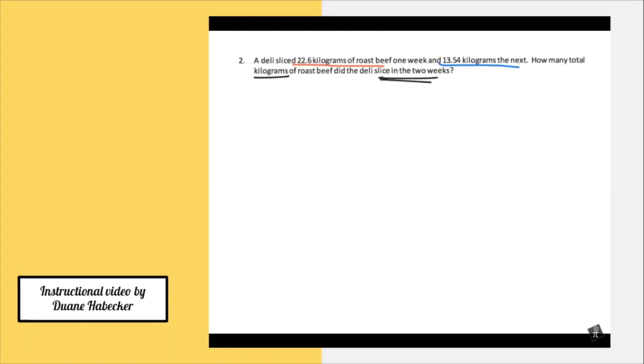So you've got week 1, you've got week 2, and I'm going to make both tapes the exact same length. And then I'm going to go back and read the question again. It says they sliced 22.6 in week 1, 13.54 in week 2. And so I know that week 1 is supposed to be a longer tape than week 2.